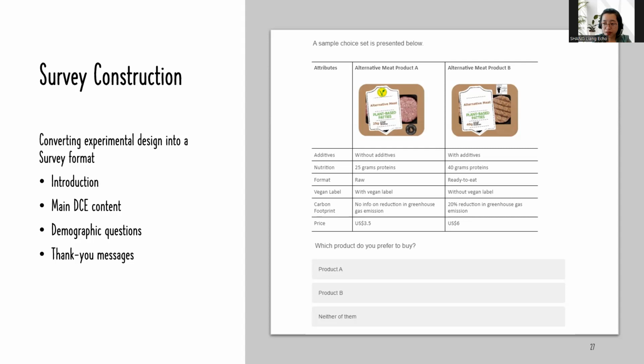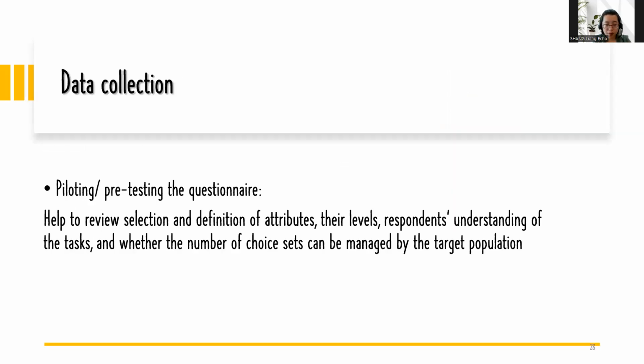After you have this survey, the next step is to implement the survey and start your data collection. Before you do that, it's a very good practice to pilot test, to pre-test your questionnaire.